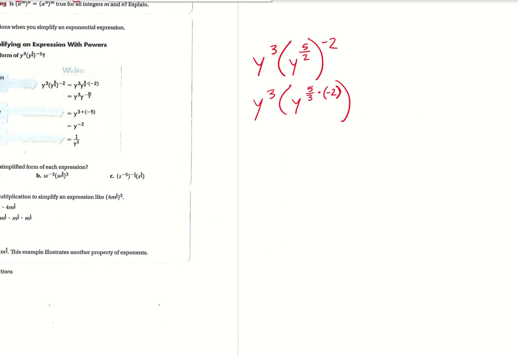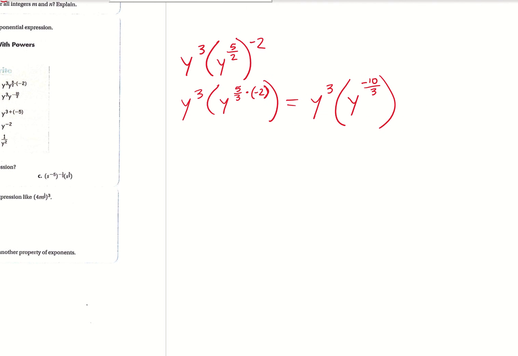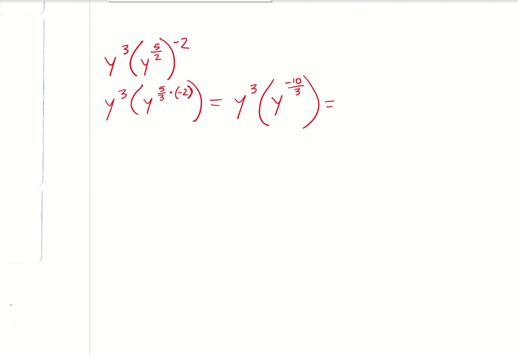That will give us y to the 3rd, and then in parentheses, now we have y to the -10/3. When we go ahead and simplify that further, we should get y to the 3rd minus 10/3, which would be the same as y to the 9/3 minus 10/3.